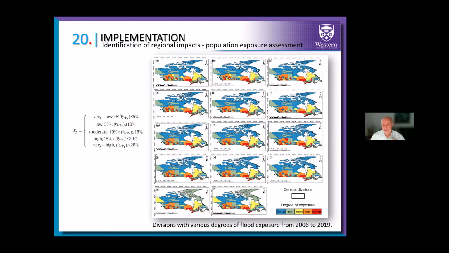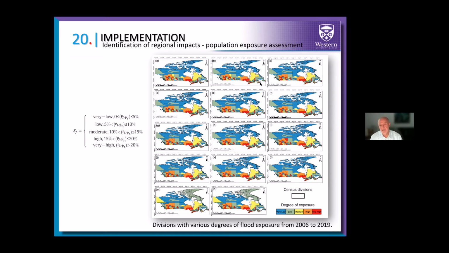We utilized the census data, divided into 5 categories from very low to very high. Then for each census unit, we were able to document the potential impact of flooding under different flooding conditions or scenarios.